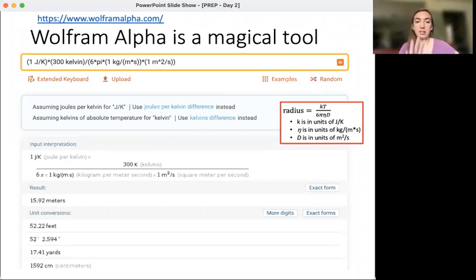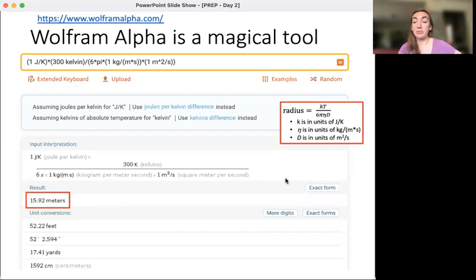And then I hit enter, and it will do all of the unit conversions for me, and it will give me an answer in units of meters. And so because I made up those numbers, the actual 15.92 is meaningless, but this is just a shortcut to get Wolfram Alpha to do all of this unit conversion stuff, converting joules and kilograms, and telling us what the final units are in.